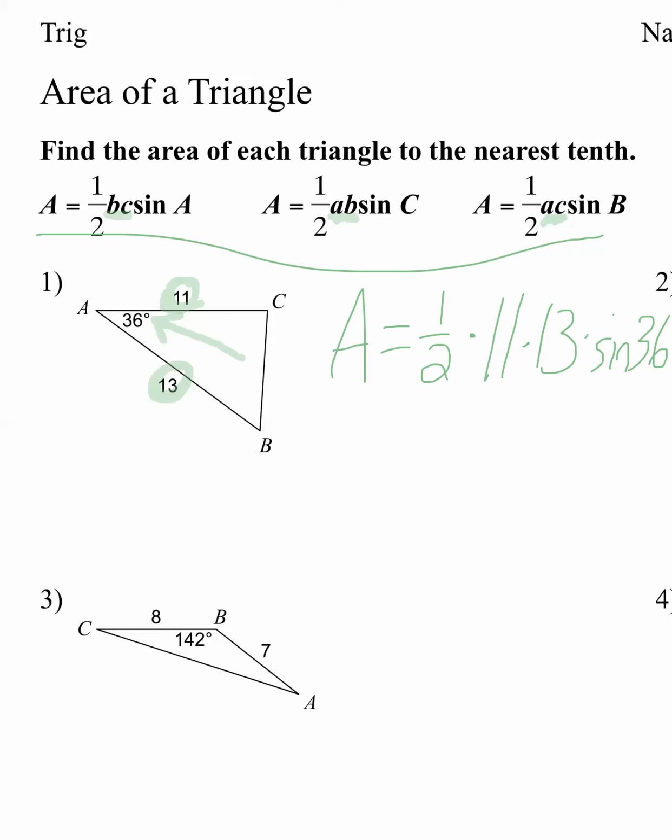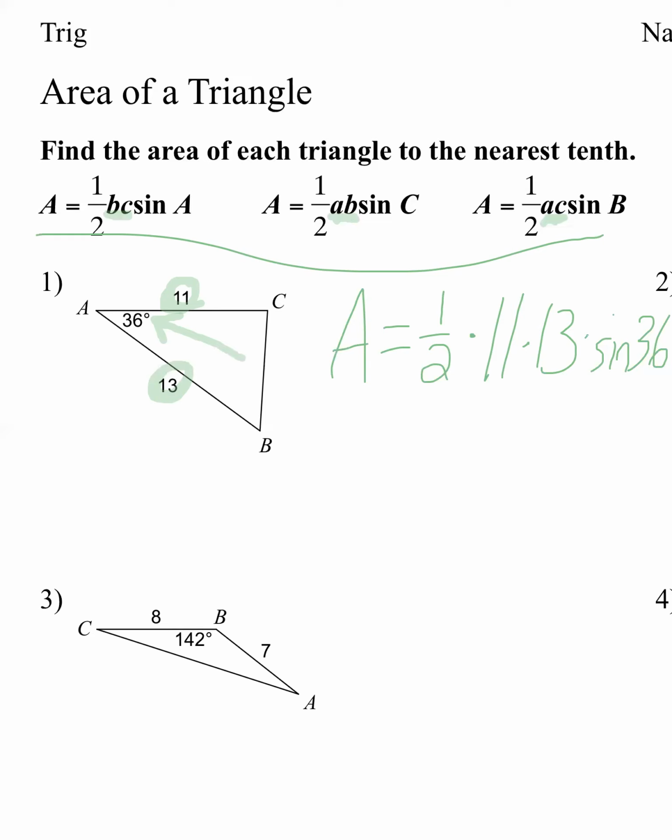Oh my gosh. So go to your calculator. What mode should we be in? Hopefully you're saying degree because we have degrees. So double check that you're in degree mode. I am. And then I just pop all that in my calculator. 1/2 times 11 times 13 times the sine of 36. And 42 is my answer.